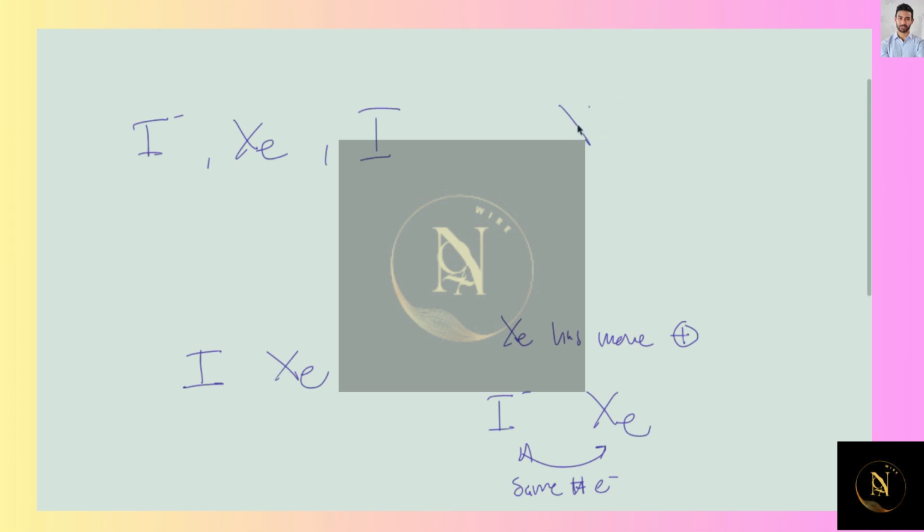So we already know that xenon is smaller than I minus. And now the final thing is, what about iodine and xenon when iodine is neutral? Remember, we also have to compare neutral. Well, here we just look at positioning on the periodic table and say size increases as we move to the left.